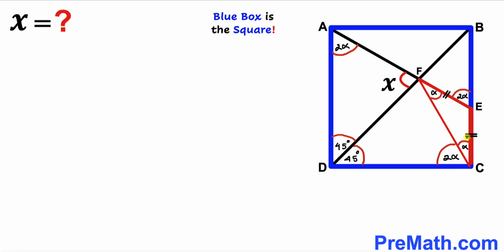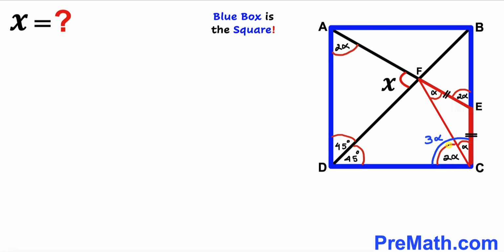And we know angle ECF is alpha as well. So this total angle C is going to be 2 alpha plus alpha, which gives us 3 times alpha. Thus the interior angle C of this square turns out to be 3 times alpha. We also know that this angle is equal to 90 degrees.